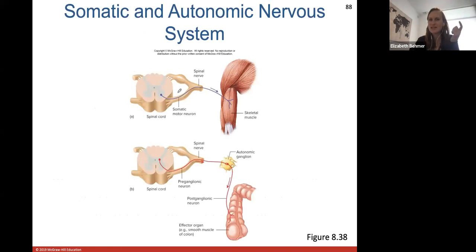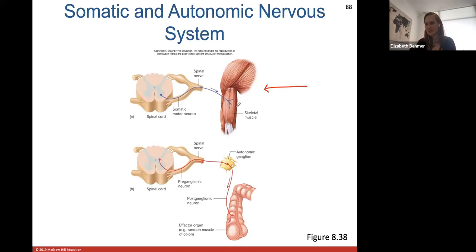So here we have a look at somatic and autonomic nervous system functions. First, to just review what the two are. Remember, the somatic nervous system is motor innervation to skeletal muscles that you can control. So you know, when you're lifting your cup of coffee up to take a drink.